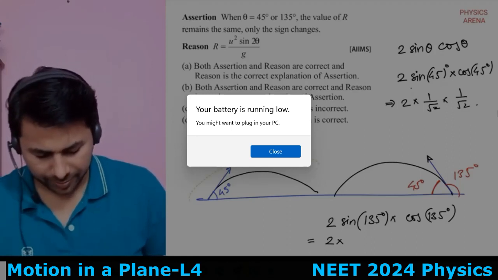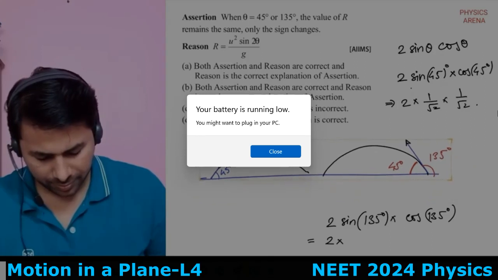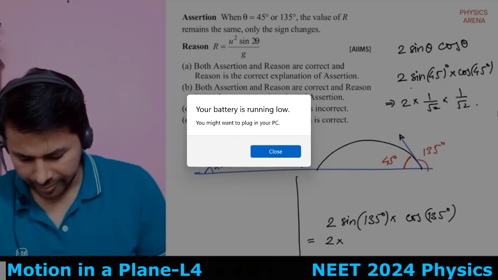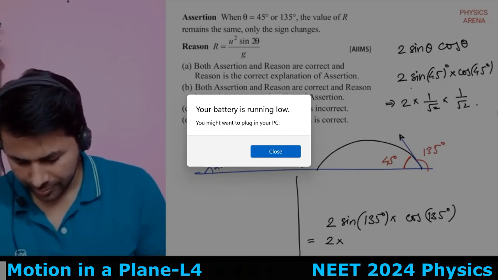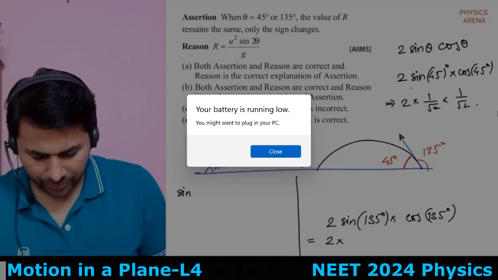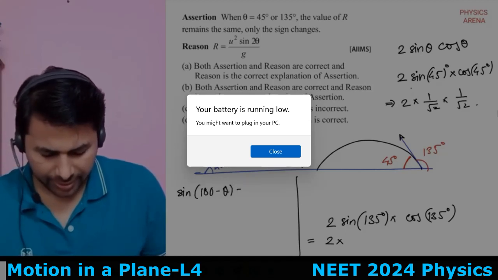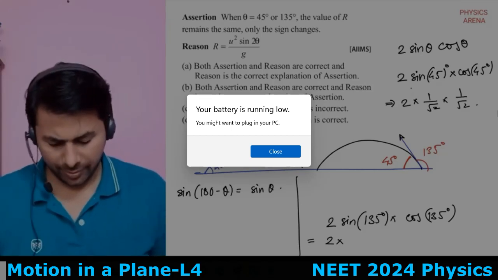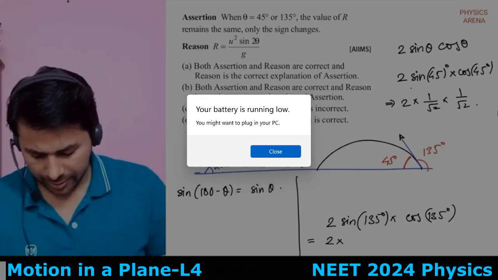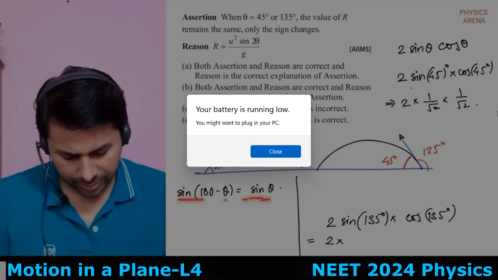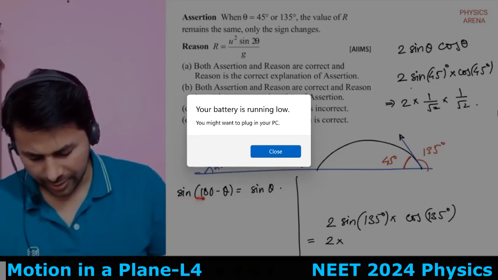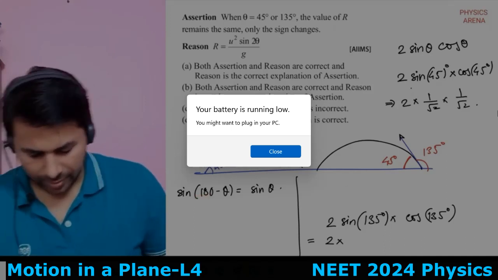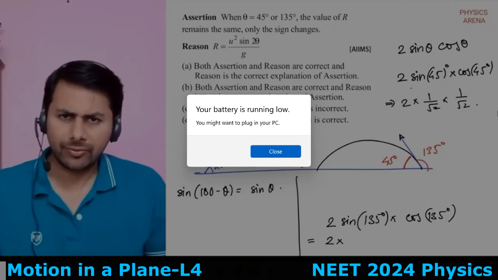Okay, so this is the formula. You can tell this intuitively also. Sine of 180 minus theta is equal to sine of theta. Is it true? Sine A cos B, this is sine of A cos of B, minus cos is sine B. You can verify it.